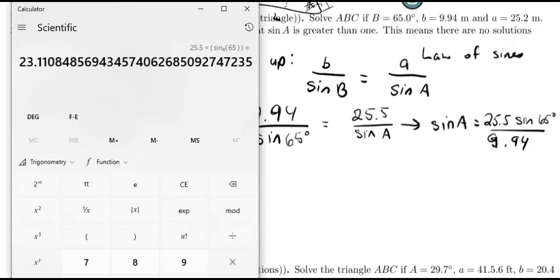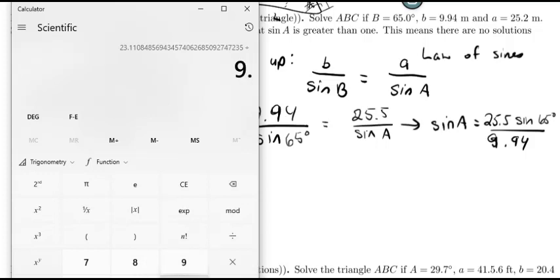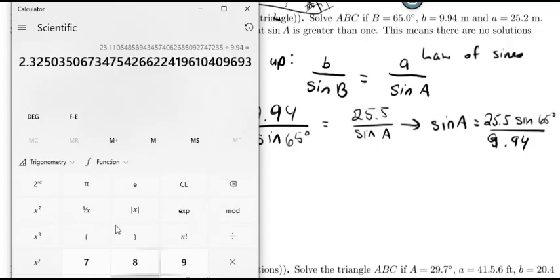Now what I want to do is divide my numerator by my denominator. I don't have to do any special calculations because it's already given to me. And so I divide by 9.94. Whatever it is, you'll see that when I get here, which I'll approximate, the left side, sine of A, the angle I don't know, is equal to this crazy long decimal.